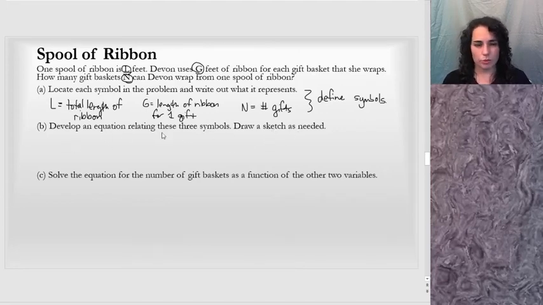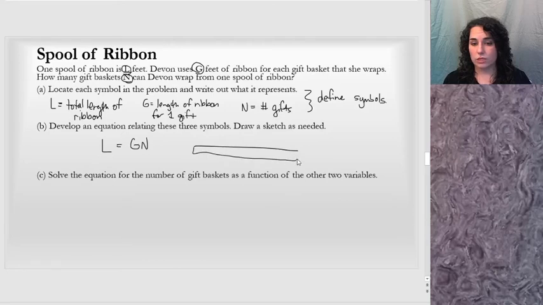It's a pretty simple equation, because when I think about it, the total length of ribbon is going to be the length of ribbon per gift times the number of gifts, right? The length of ribbon per gift times the total number of gifts has to equal the total ribbon, right?